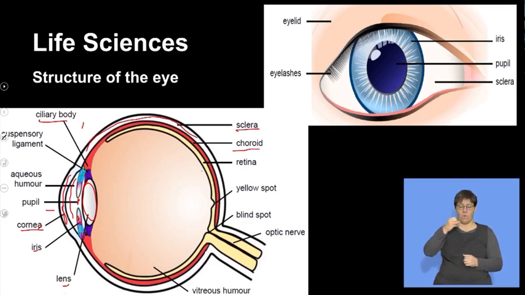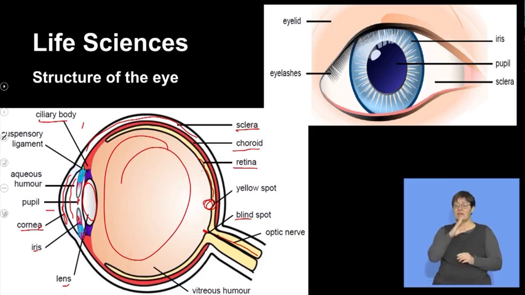And the inner part that is here, yellow part here, is referred to as the retina. And here we've got the yellow spot. And then here we've got the blind spot. And then the optic nerve that will carry the impulse. The inner part here we refer to as the vitreous humor.